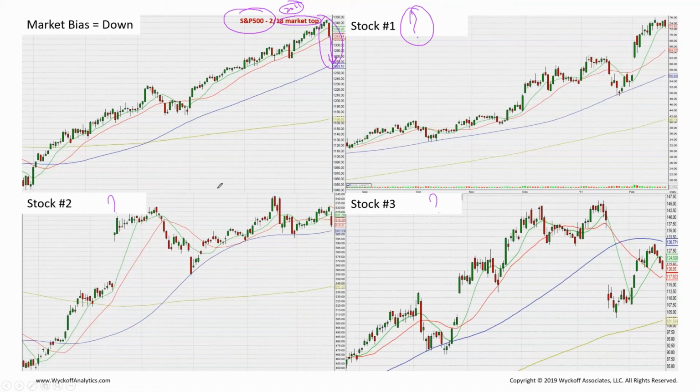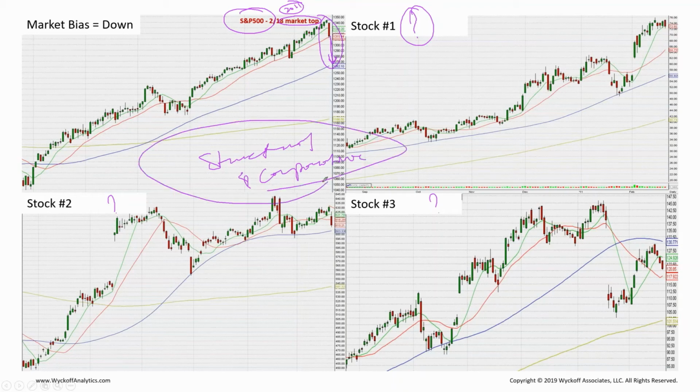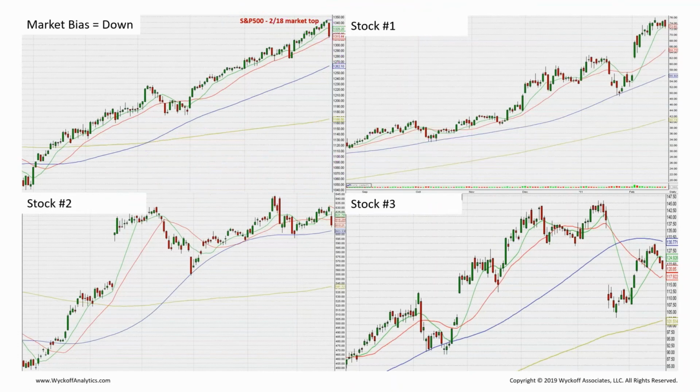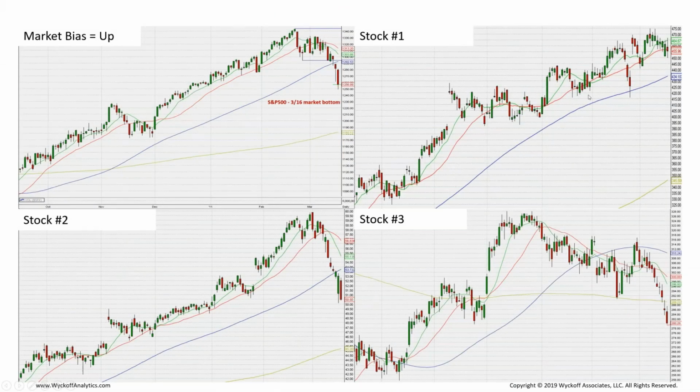You will have to conduct structural and comparative analysis, combine them together, and make your selection as to the stock or maybe multiple stocks. Any questions on the homework? And you have 4 slides here.